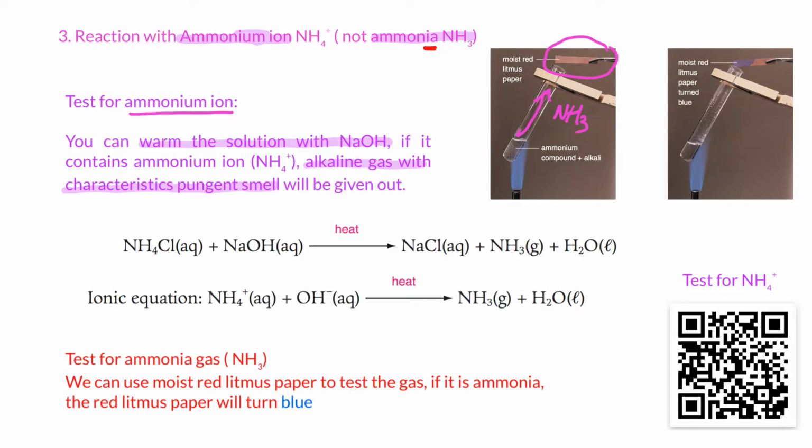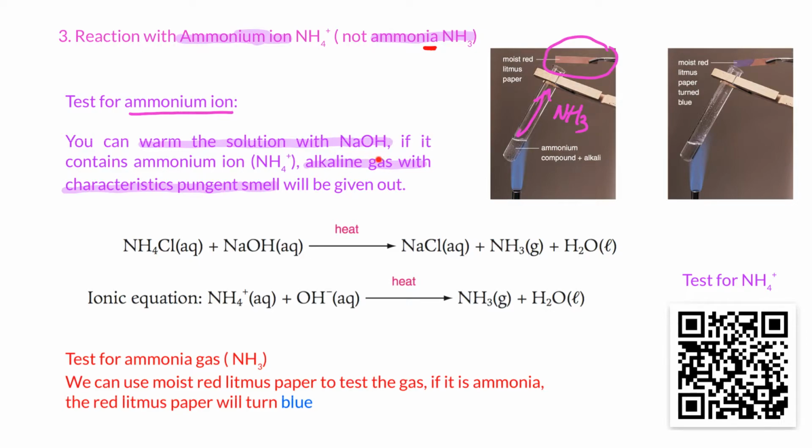So you have to remember what kind of test we're doing and what the observation will be. Alkaline gas, just like normal gas, you cannot observe it. So we use a moist red litmus paper to test it, because we know that alkaline can be tested by red litmus paper, but this one is in gas form. Like previously with the acid, if it is in solid state, it has no water, so there will be no reaction.